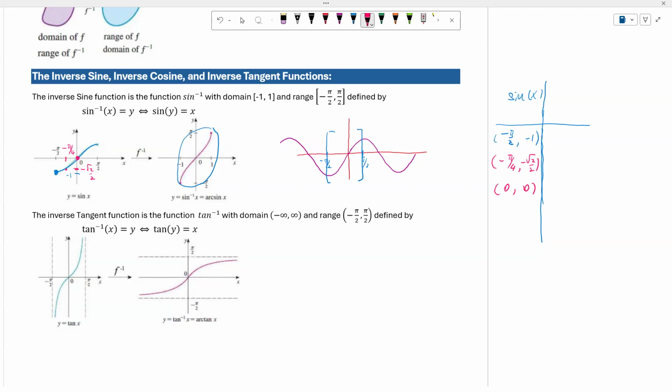And then we also have pi over 4 and √2 over 2.